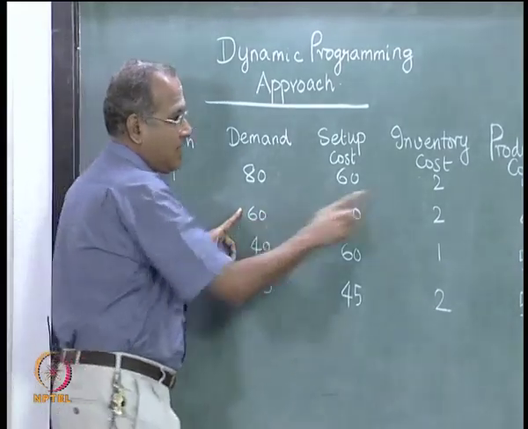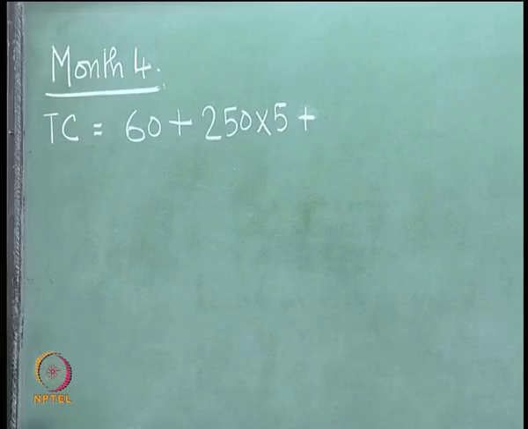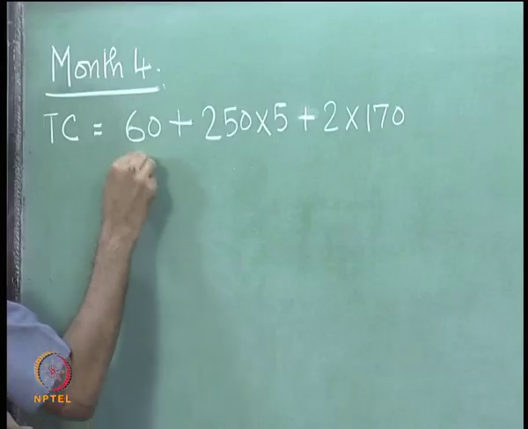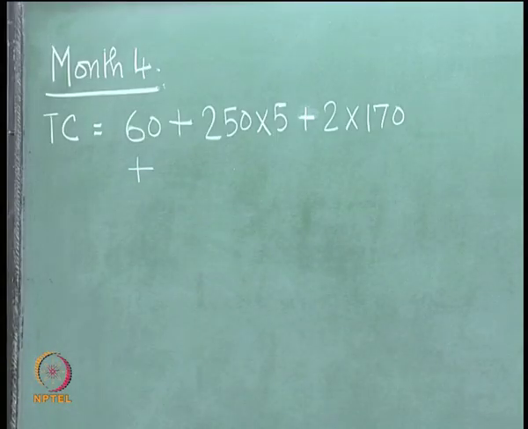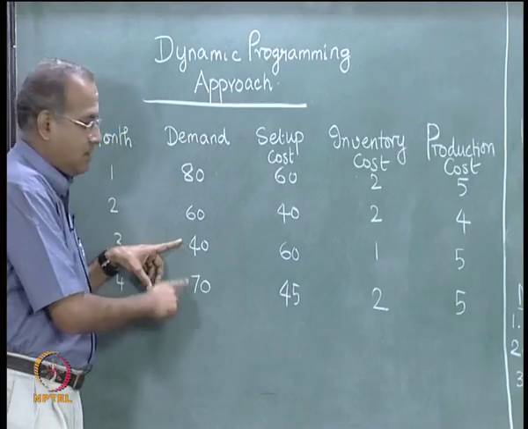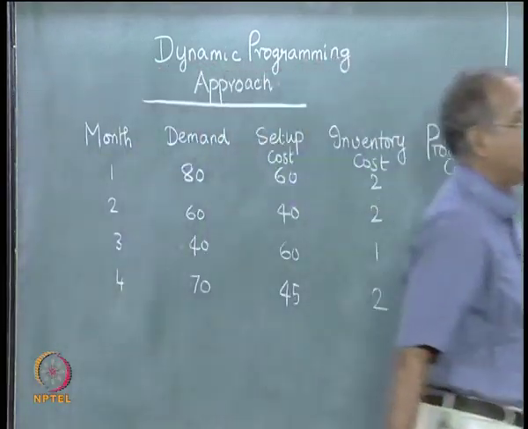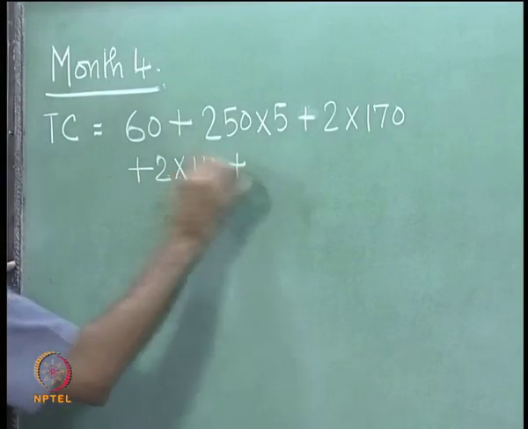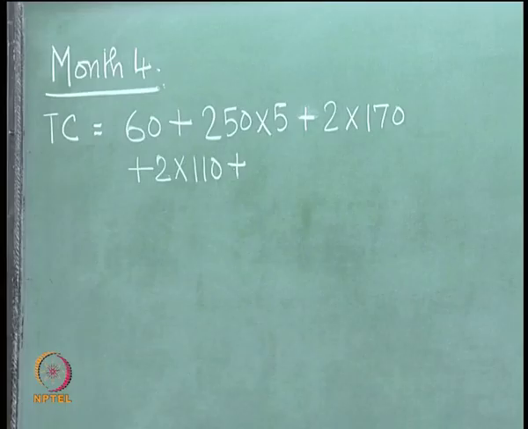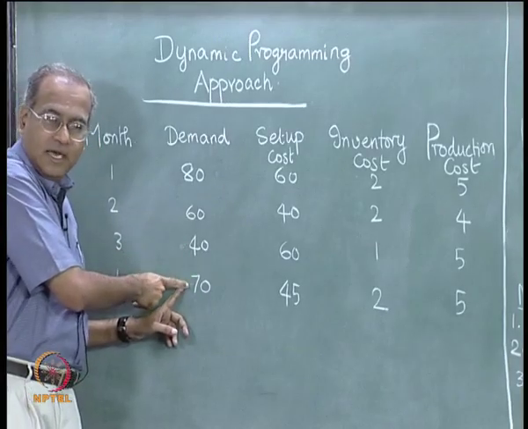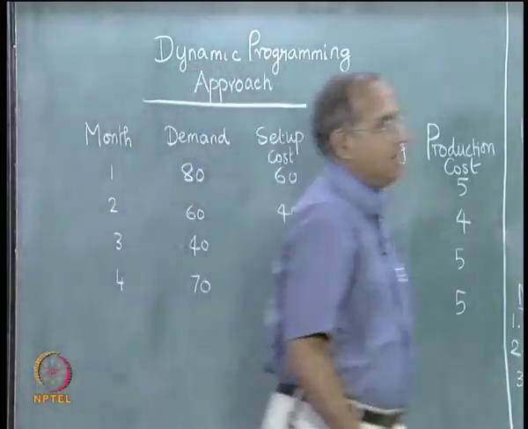So, 170 into 2, plus 110 are carried to the third month, 110 into 2, plus another 70 is carried to the fourth month. So, out of the 110, 40 is consumed, 70 is carried, 70 into 1, plus 70.